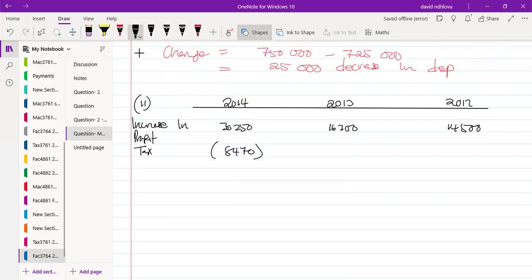Right, so that therefore our overall increase in profit will be an amount of 2,340. So this is an increase in profit before tax. This is now an increase in profit, right, after tax.